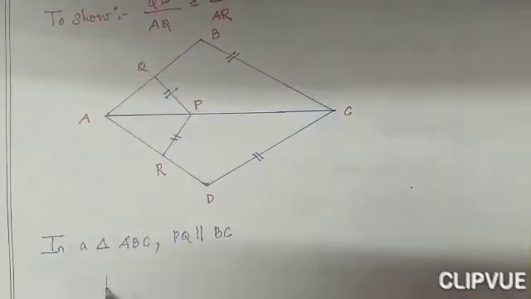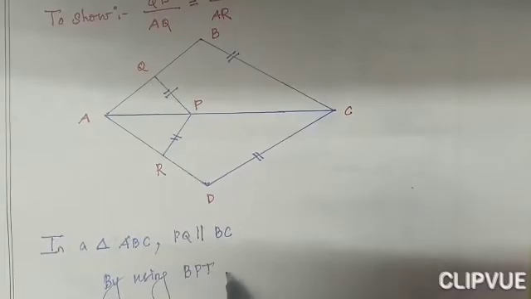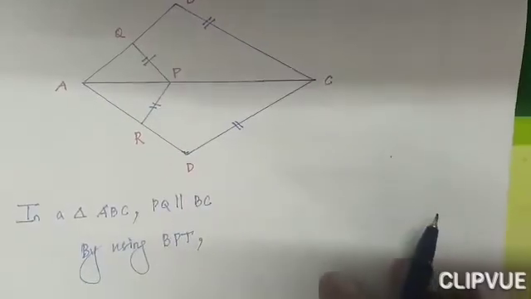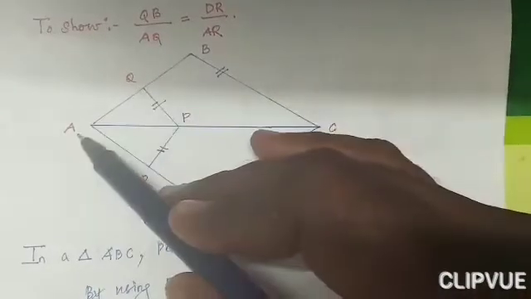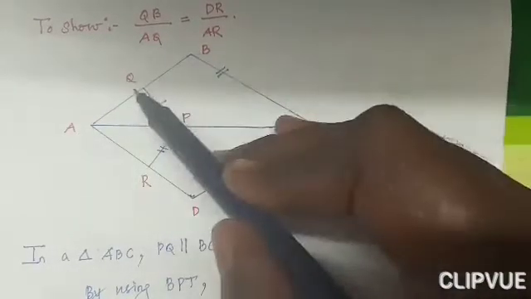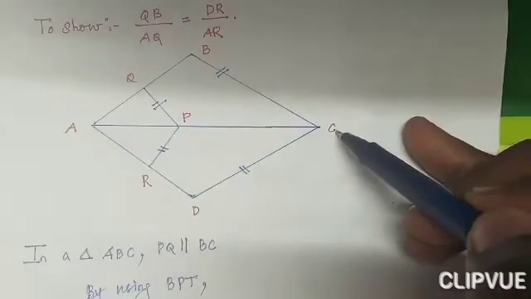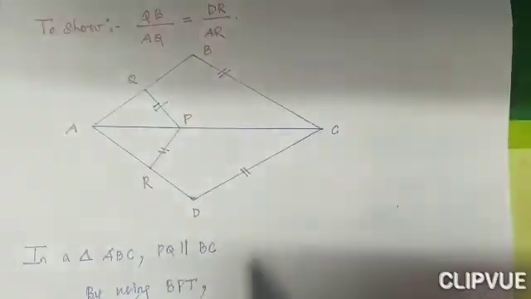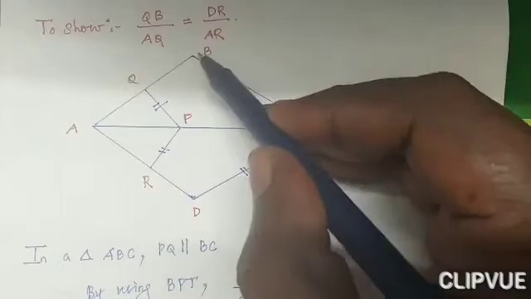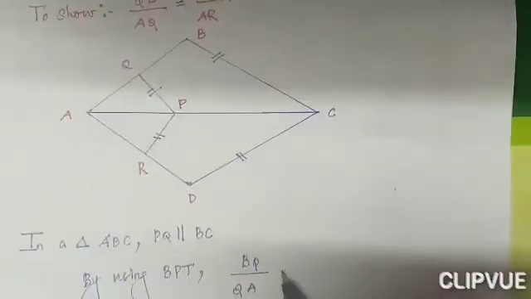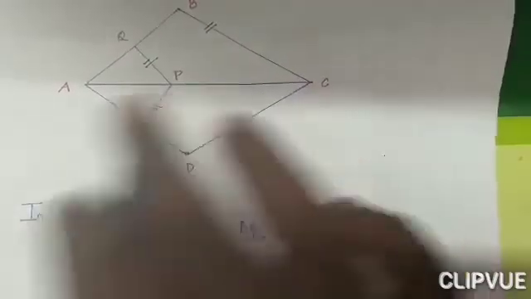Therefore, by using the concept of the basic proportionality theorem, it says BQ by QA equal to CP by PA, right? I hope you understand. So BQ by QA, if you take from this vertex, equal to CP by AP.